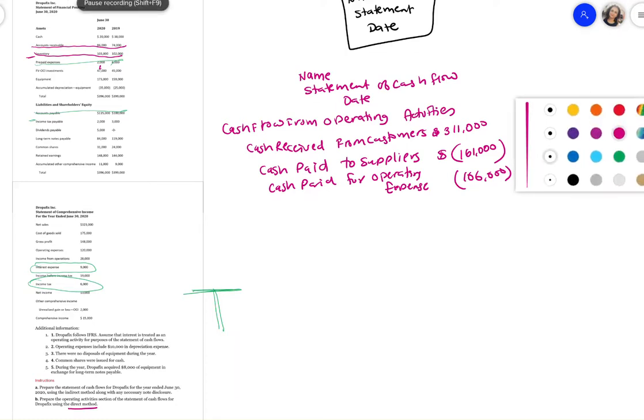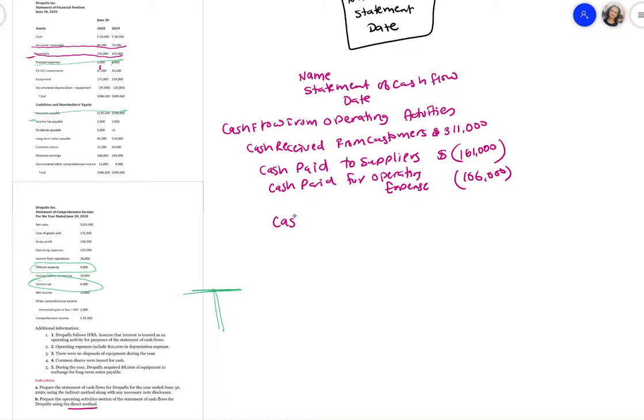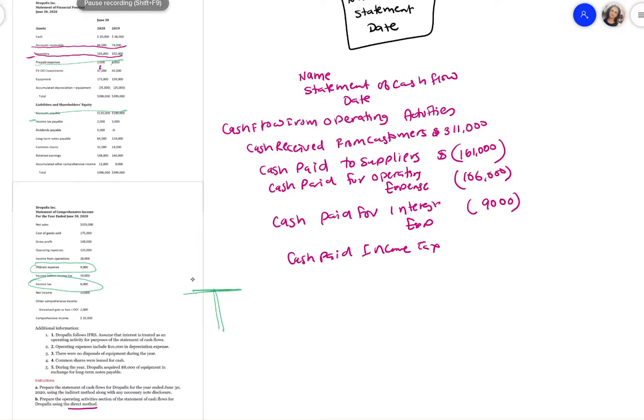So cash paid for interest expense, the whole amount was paid. In this case, 9,000 is a minus. Then we have cash paid for income tax, our last one. For income tax, we didn't pay all the expenses; some are sitting in our liabilities.